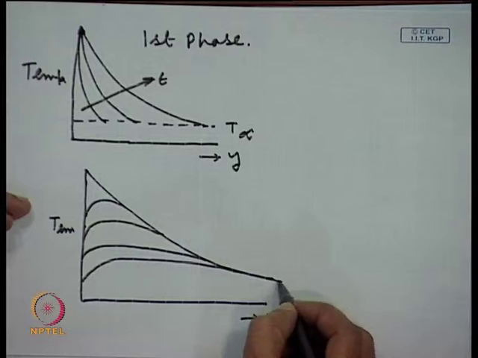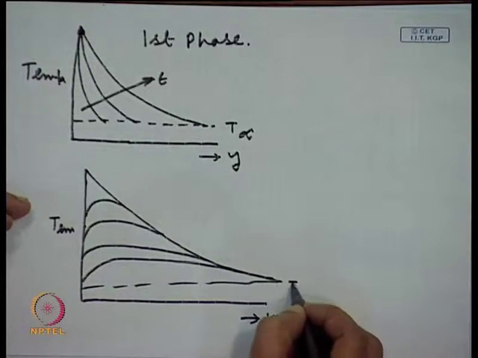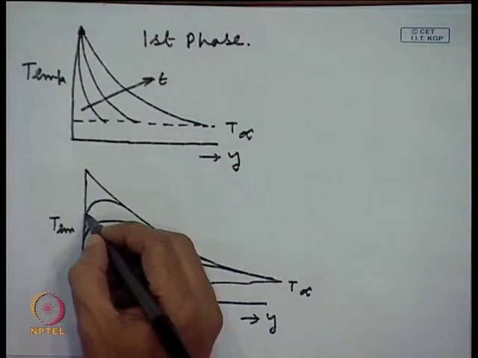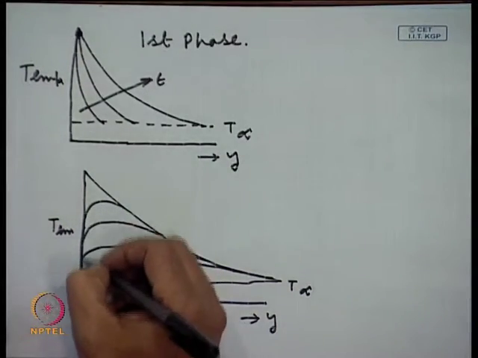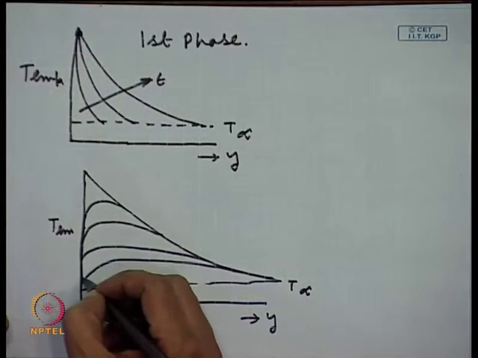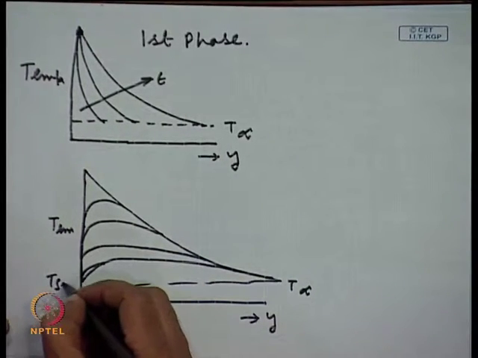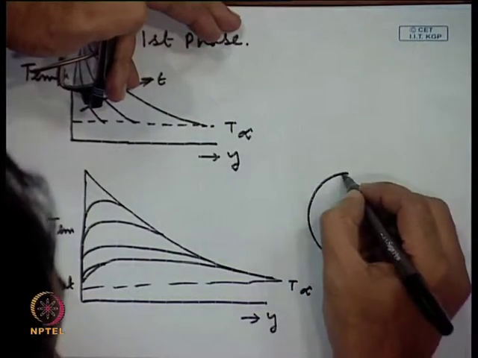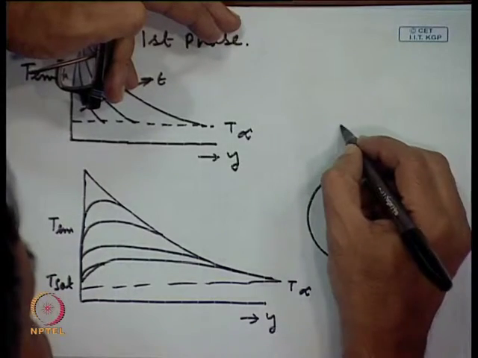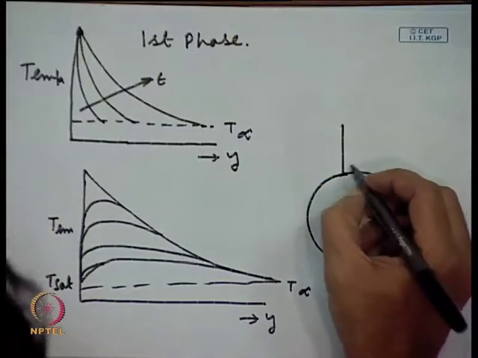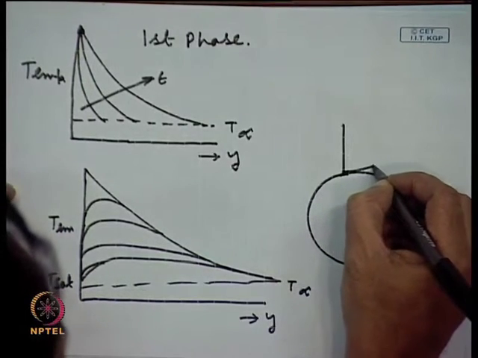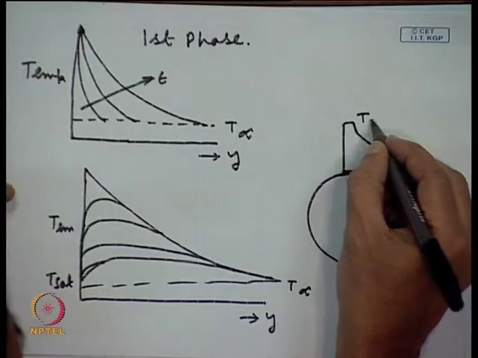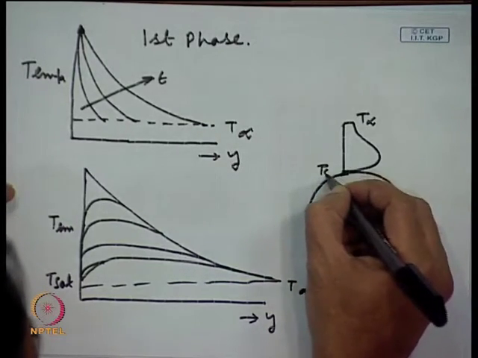This is your T infinity basically. And all the curves are starting from some value here, which is T sat. What I am drawing here is the boundary layer, T sat, then it is increasing and then it is going to T infinity.